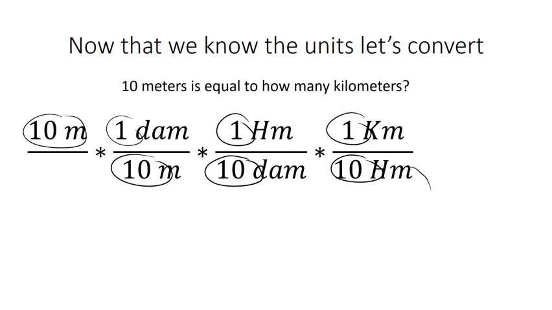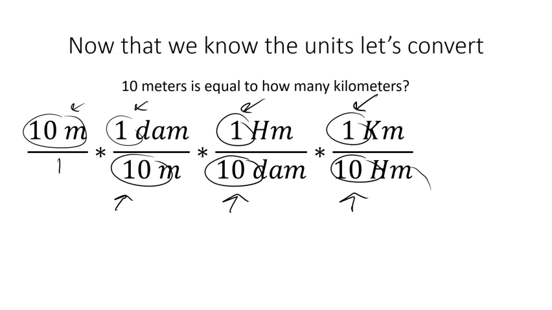So how you do this math, it's just like multiplying through fractions. We say 10 times 1 divided by 10, because a fraction is just telling you top divided by bottom, times 1 divided by 10 times 1 divided by 10.